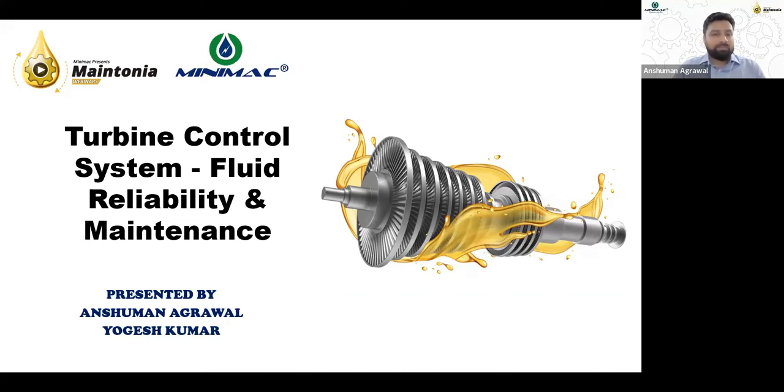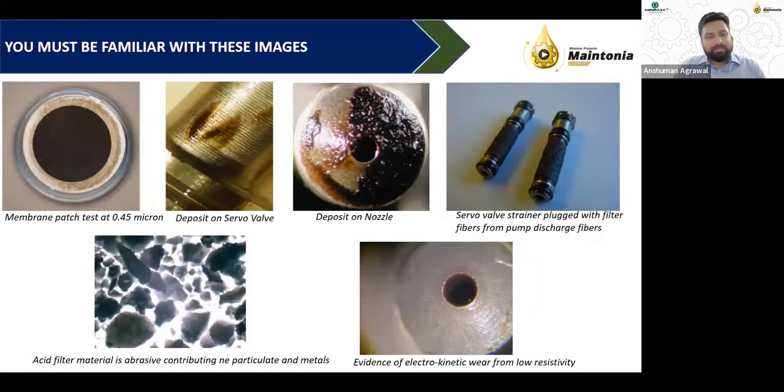That's one of the reasons why you have shown your interest to come to this webinar and understand what the issues related to these control systems are. So before we get into the topic, let us understand whether we have seen these images in the past during our professional lifespan.